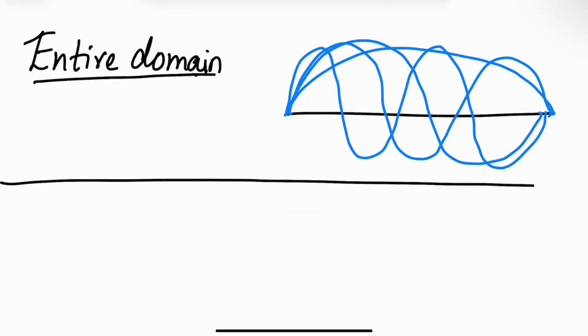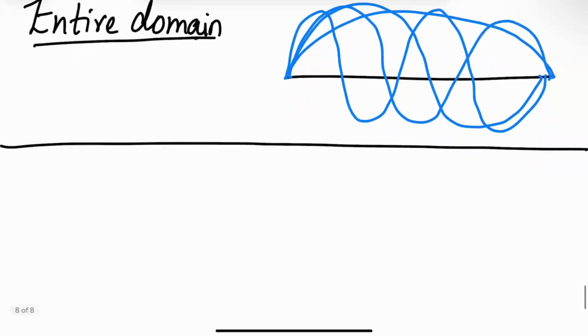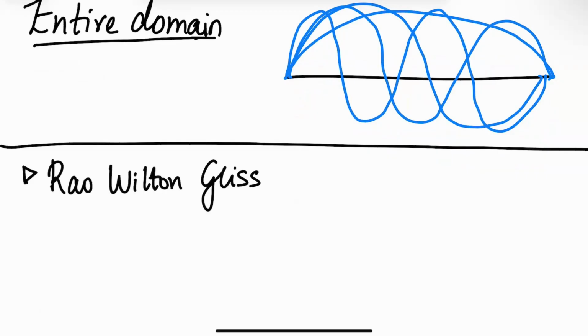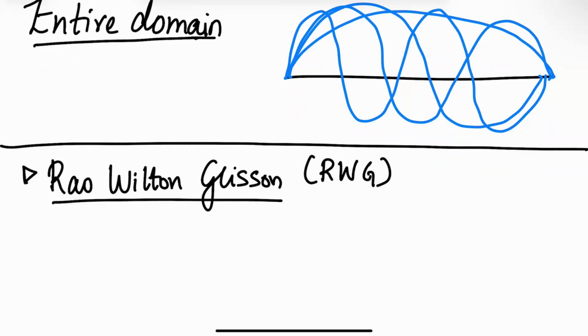Okay, so before I close, I would like to say that in scattering problems where you have metals, where you have currents on the surface, the actual basis that most commercial solvers use is called the Rao, Wilton, Glisson basis, or the RWG basis. I won't talk too much about this. Basically, it's a vector valued basis.